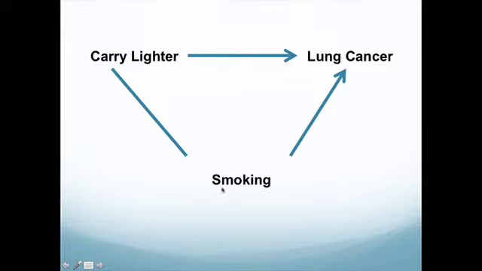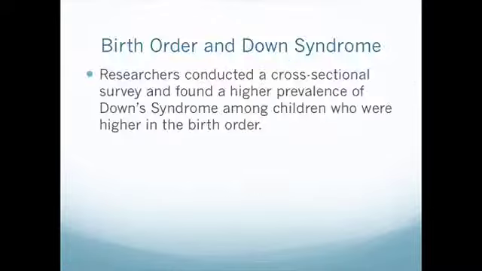And in fact, smoking is the true cause of lung cancer. But because smokers happen to carry lighters, it's going to end up looking like there's an association between carrying a lighter and lung cancer. You'd end up with a relative risk or an odds ratio greater than 1 when you're looking at the association between carrying a lighter and lung cancer.